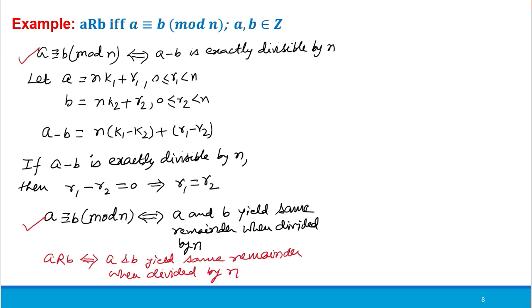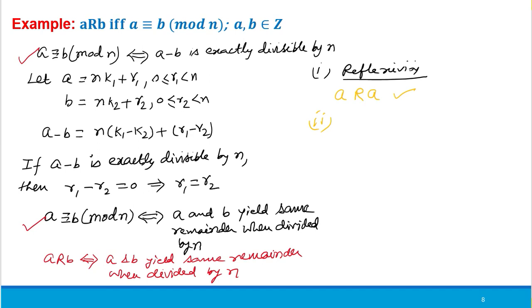Now let us check whether this relation is going to be an equivalence relation. The first is reflexivity. A R A is obvious because A and A yield the same remainder when divided by n.